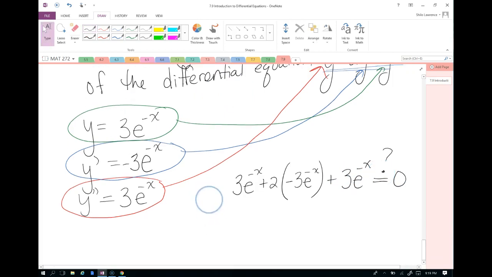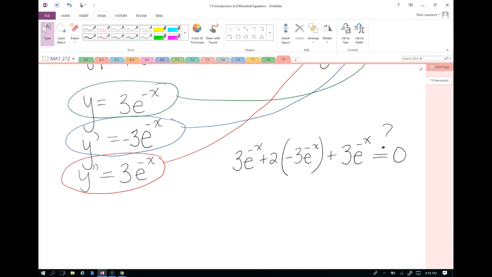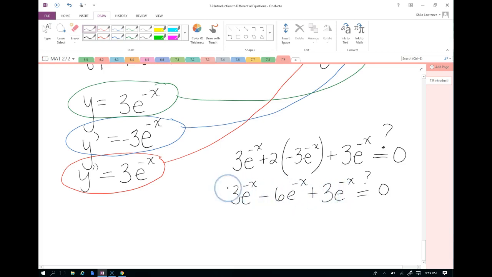Now, once we get all that stuff plugged in, we've just got a little bit of algebra to do. So in that middle term, I've got some multiplying to do. 2 times negative 3 is going to be a minus 6. And these are all like terms. They all have an e to the negative x in them. So we can combine them by combining their coefficients.